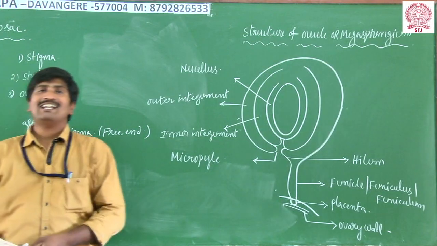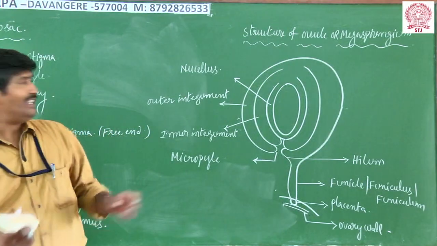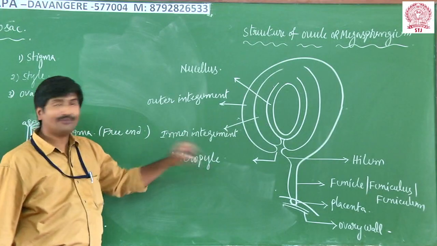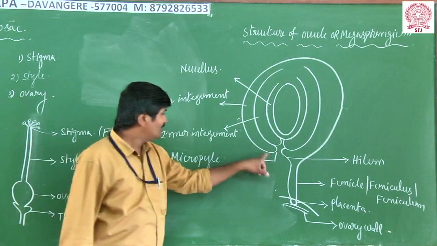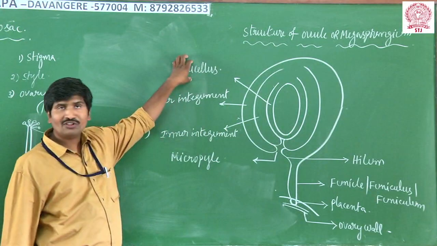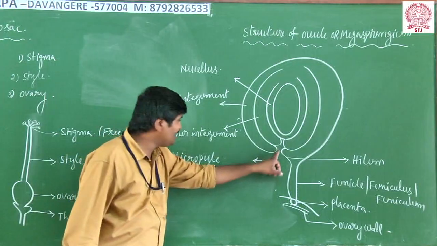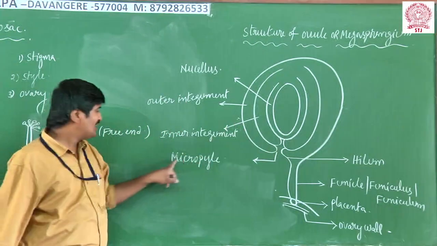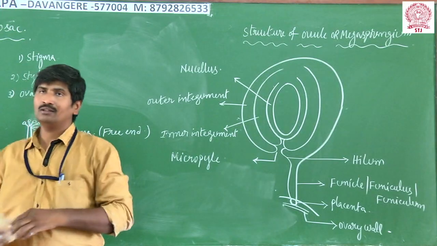It is the apical part of the structure of the Megasporangium or ovule. See here, the integuments do not enclose the nucellus and leave a small gap. This area is known as the micropyle.